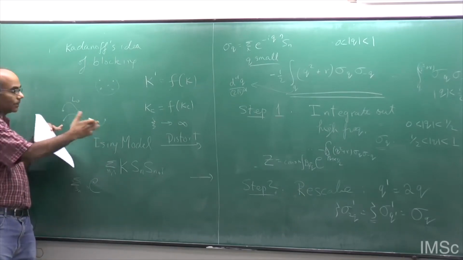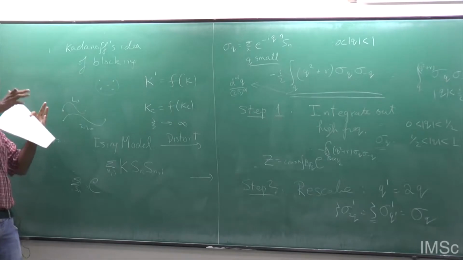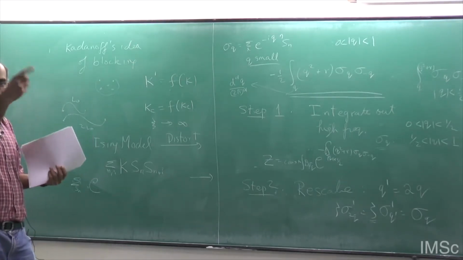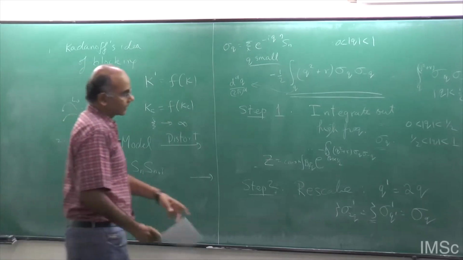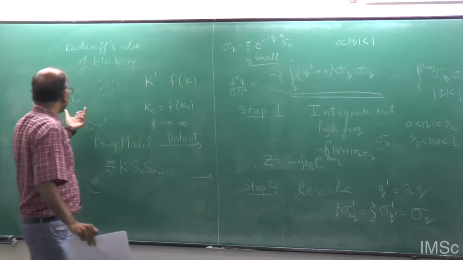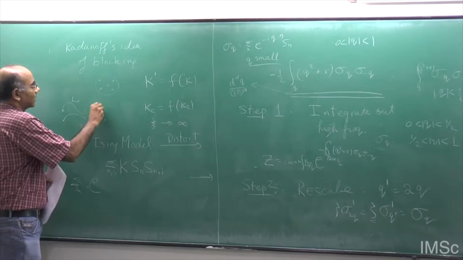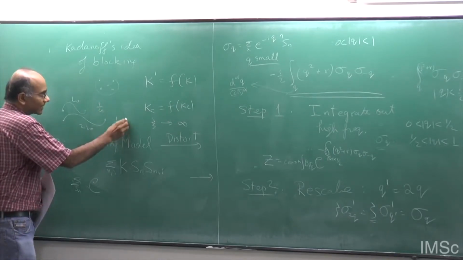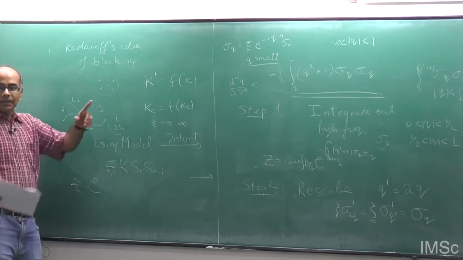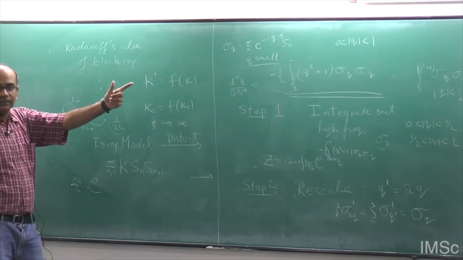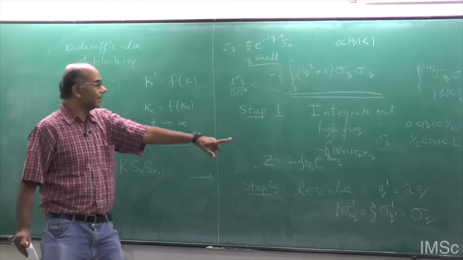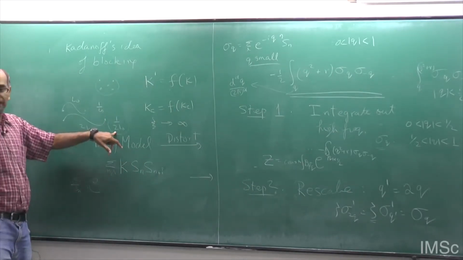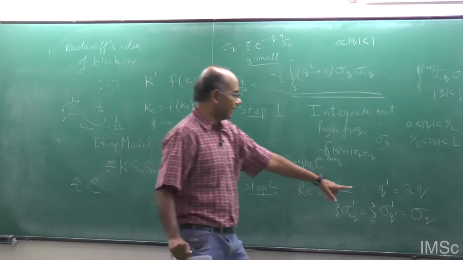So in units of 2L0, the distance will be 50, not 100. As your distances become smaller, the momentum label becomes larger. In other words, the momentum cutoff here is, say, 1 by L0 or 2 pi by L0. Here it's 1 by 2L0. So in units of this momentum, your momentum value will be larger. What was 0.5 previously will be 1 in these units. So that's what this labeling is doing.